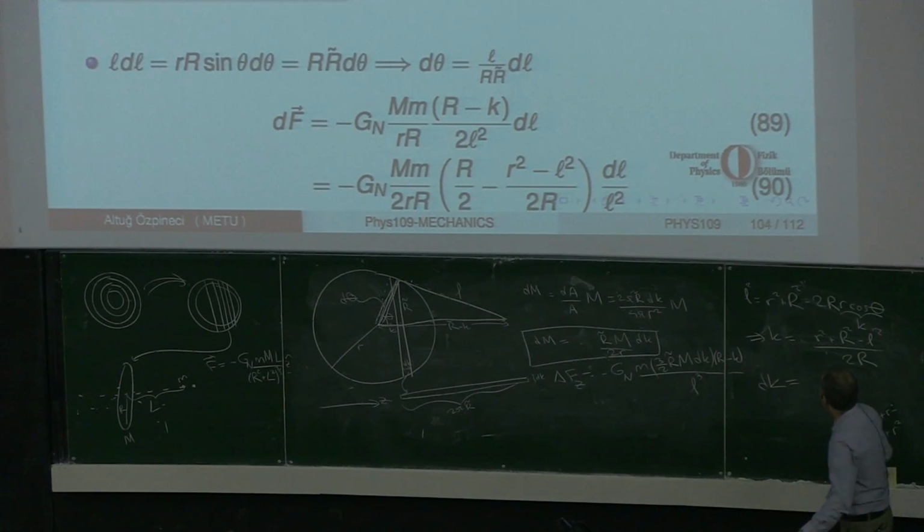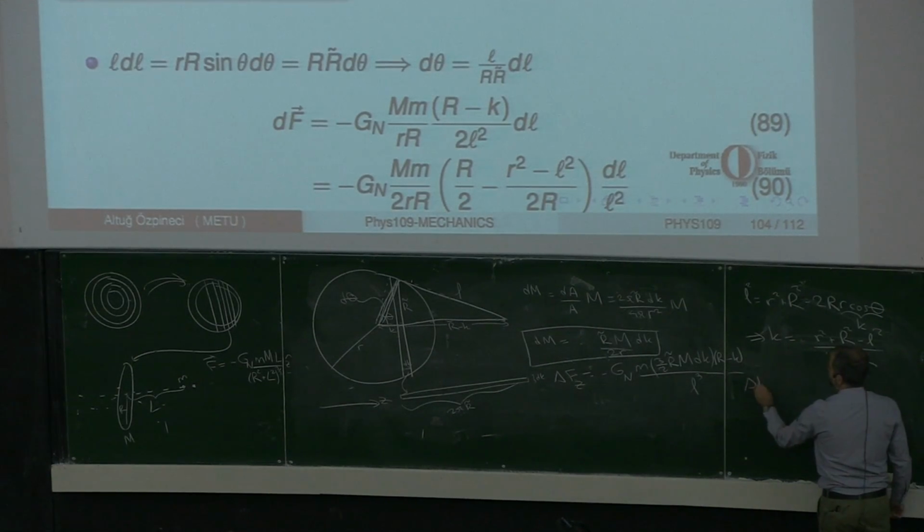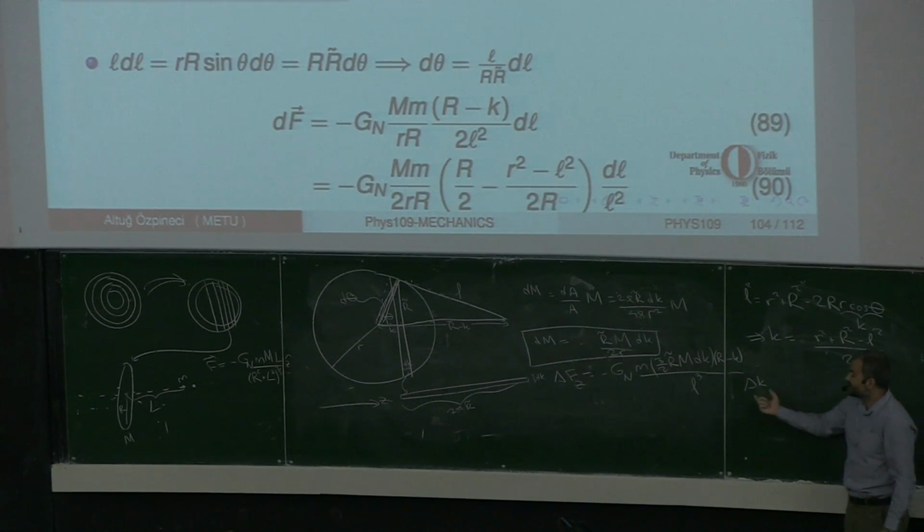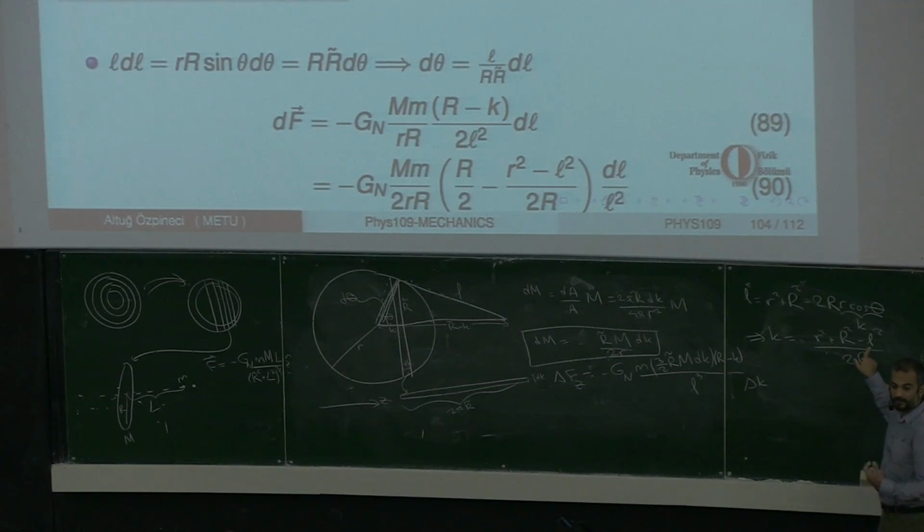So let us look at delta k. Now, k depends only on the variable L. Now, the question is, if I change L by a very small amount, how much does k change?